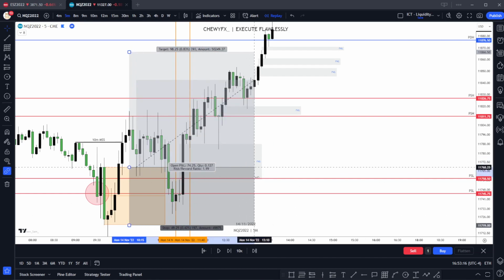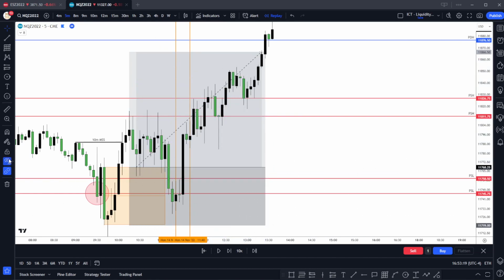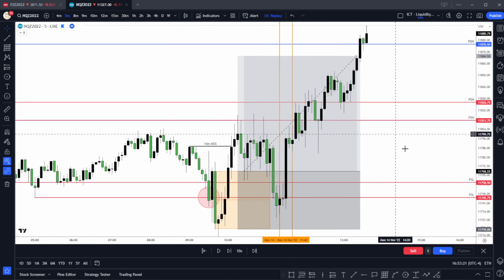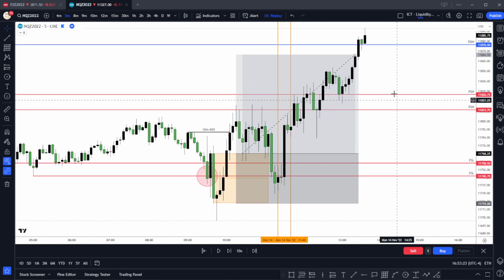Okay. So very, very messy entry, honestly. But we can still see it was valid. We had a very nice buy model there for our EM1 V1.